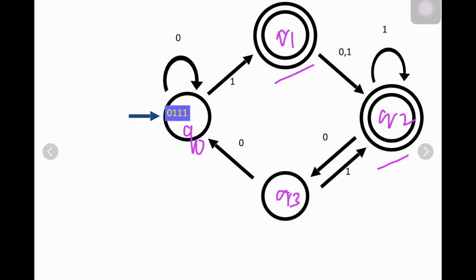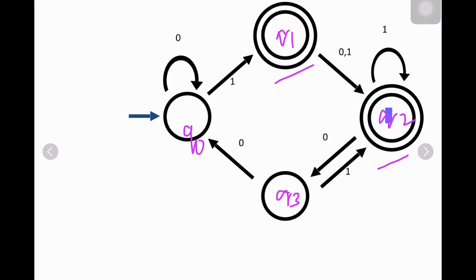I take an input 0, 1, 1, 1. How does this happen? Q naught on 0 will go to Q1. Then Q1 on 1 will go to Q2. Then Q2 on 1 will go to the same state.